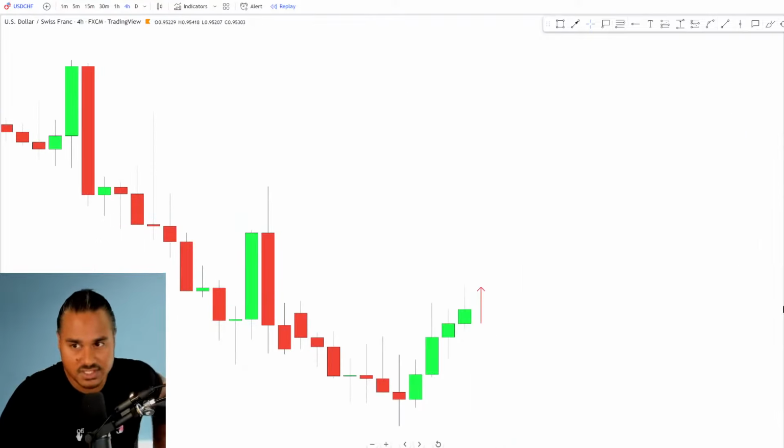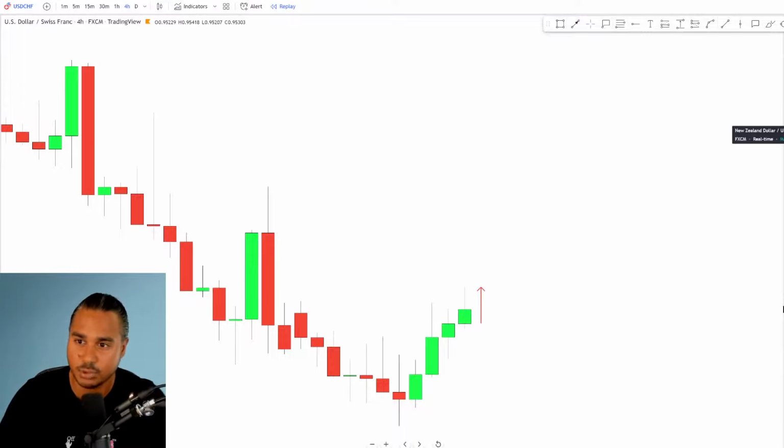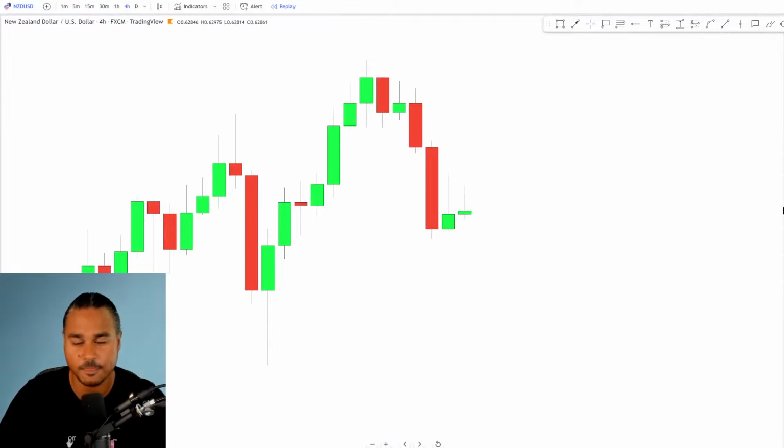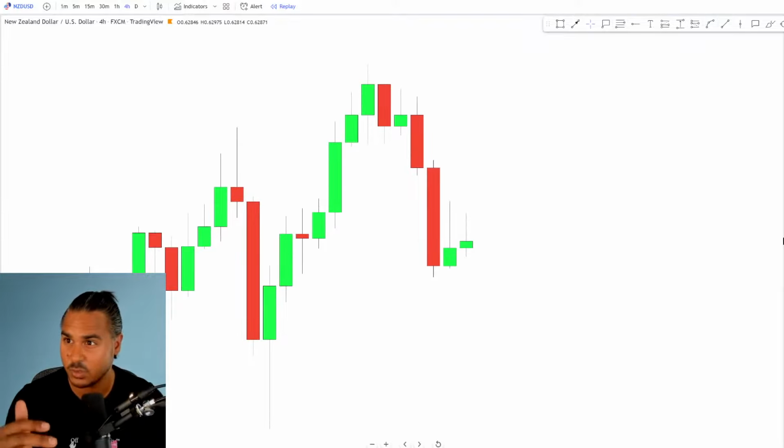Anyway, continuing on to New Zealand dollar USD, I'm anticipating New Zealand dollar to be bullish because of USD strength. So I want to see a green candle. And if that's not the case, then again, I would anticipate New Zealand dollar to be weak. Fine. So at the moment, we're having just a little bit of conflict in the market in terms of sustainability. And this is something you've got to really be aware of, guys.